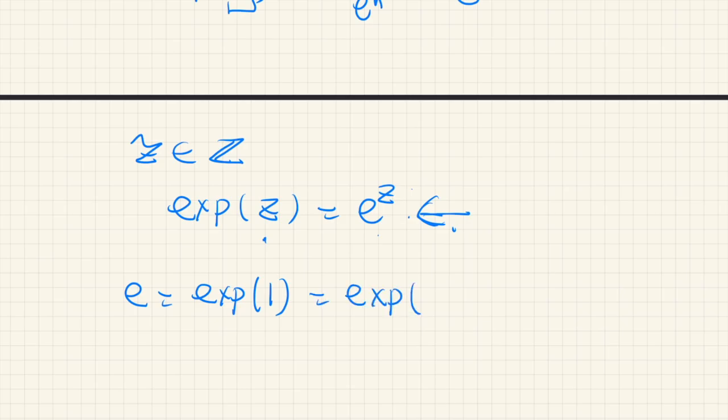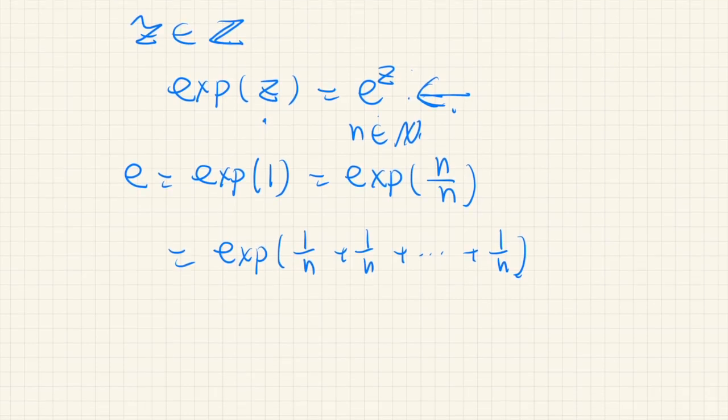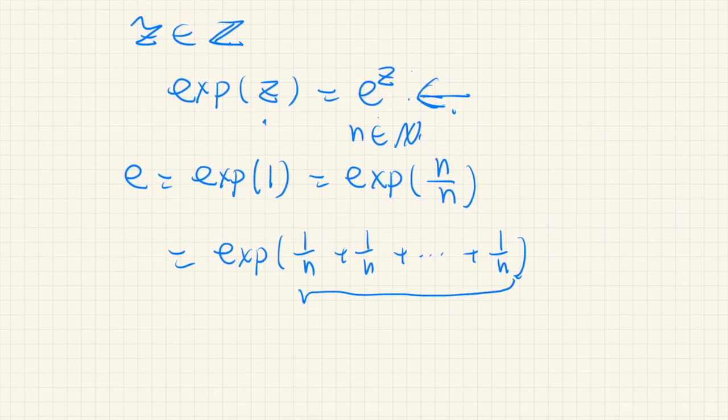And 1 is equal to n over n, where n is any natural number. And this is equal to 1 over n plus 1 over n plus and so on plus 1 over n. So this is the sum of n terms.